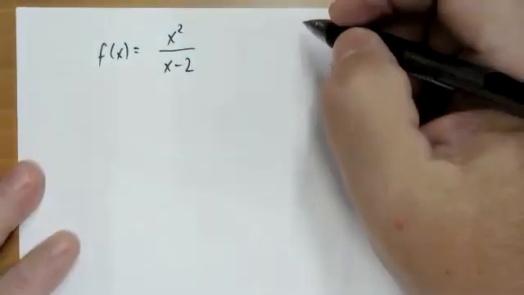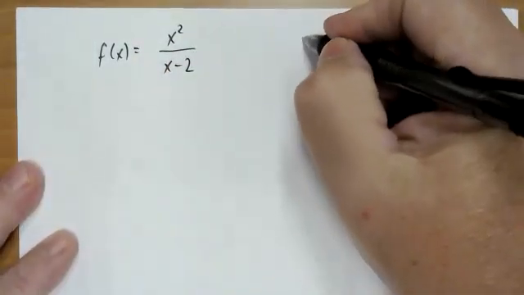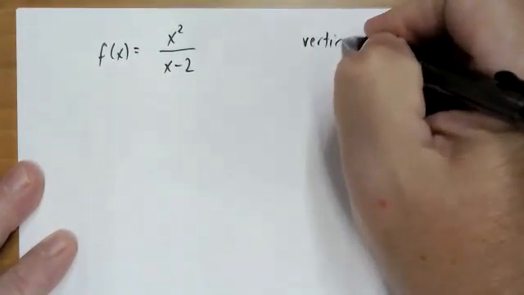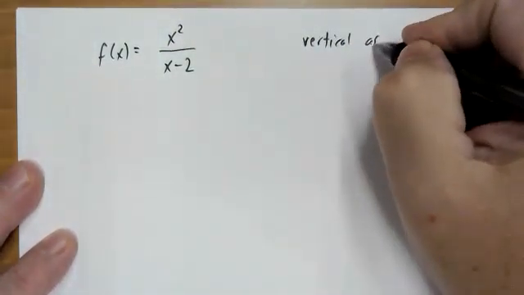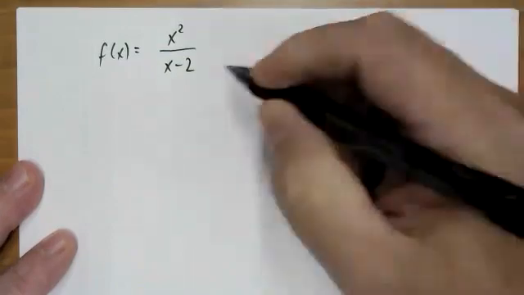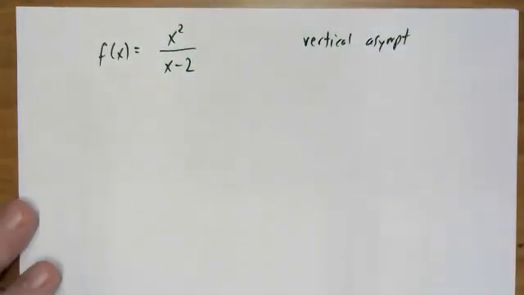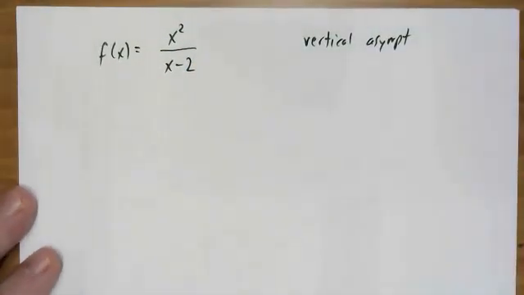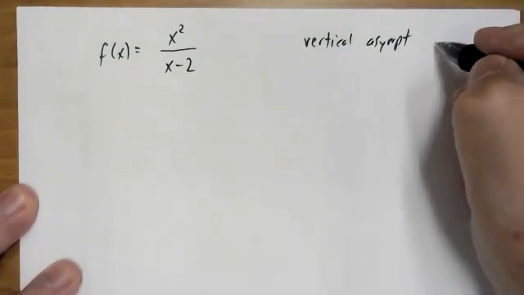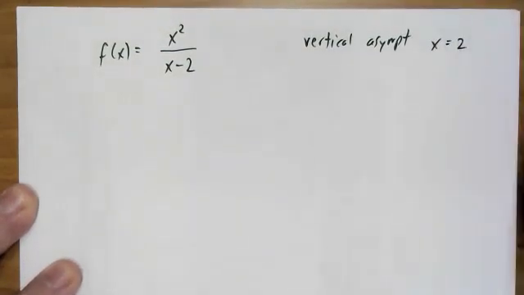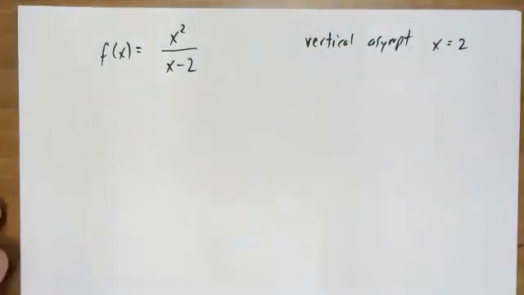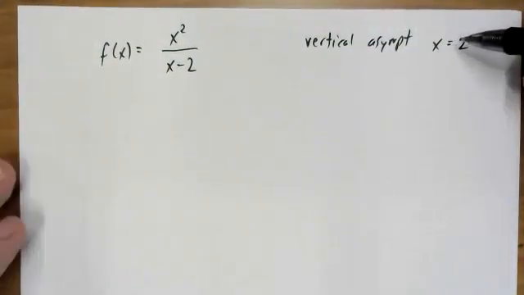So let's go ahead, let's determine if we have any vertical asymptotes. That's pretty straightforward. Once again, all I'm looking at is the denominator. What value of x would cause the denominator to be 0? Well, pretty obvious, right? If x equals 2, then I've got a 0 in the denominator. So I do have a vertical asymptote.